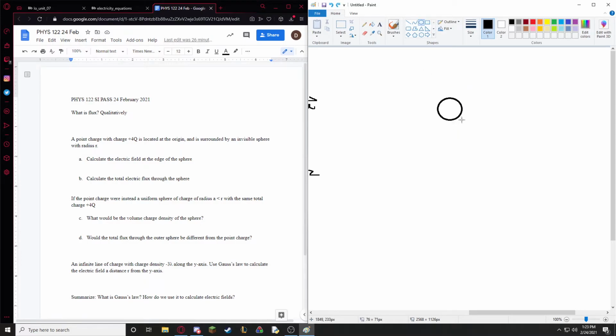So we have this sphere with a radius A, which is smaller than R. And we're going to have our same imaginary sphere around it with radius R. So, first of all, what we want to know is what would be the volume charge density of our sphere of charge if it has the same total charge plus 4q?